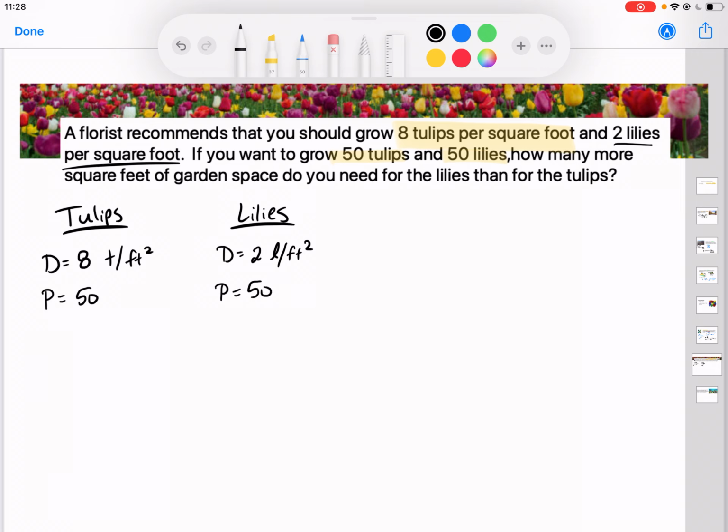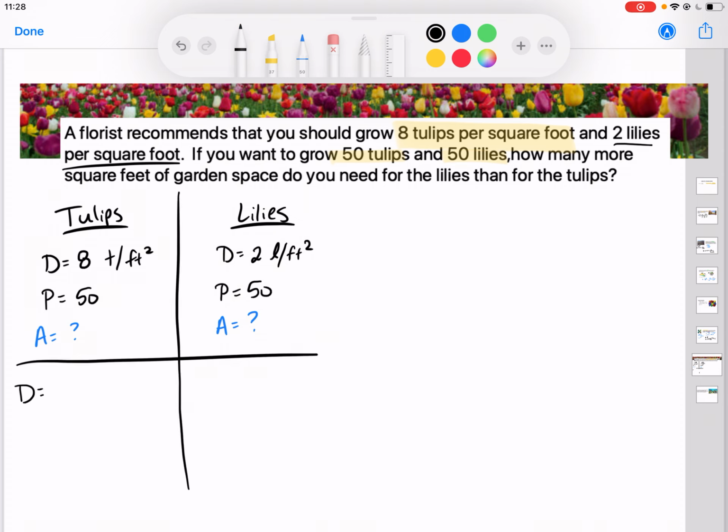How many more square feet of garden space do you need for the lilies than for the tulips? So there's going to be kind of 2 parts to this. So we need to first figure out what our area is for each one. Then we can figure out how much more the lilies will need as compared to the tulips. Okay, so remember density, if we go ahead and solve these, density is your population over your area.